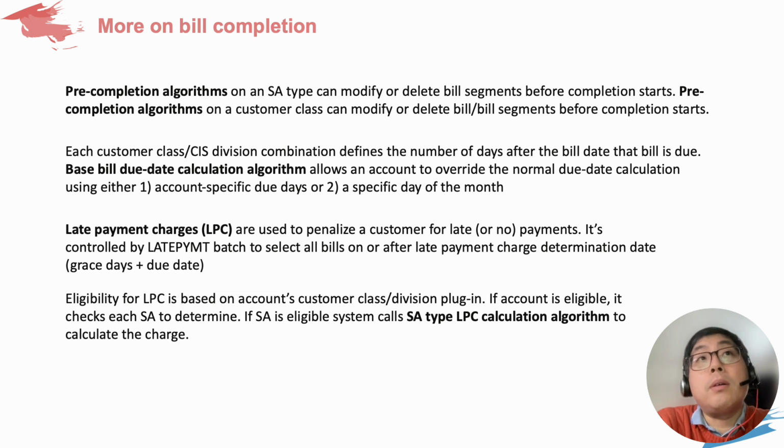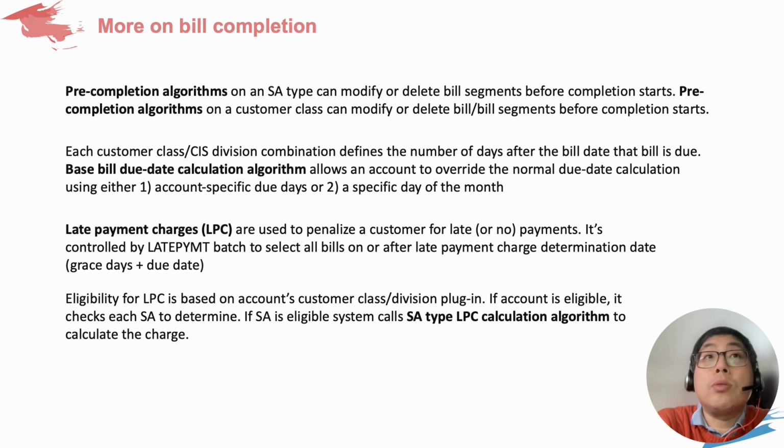Next is about late payment charge. So if the due date is reached and the customer has not paid, or they paid late, there is a penalty to the customer.